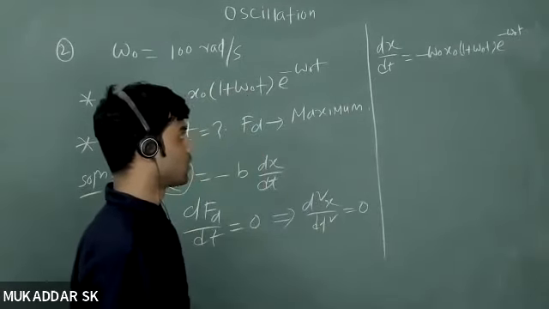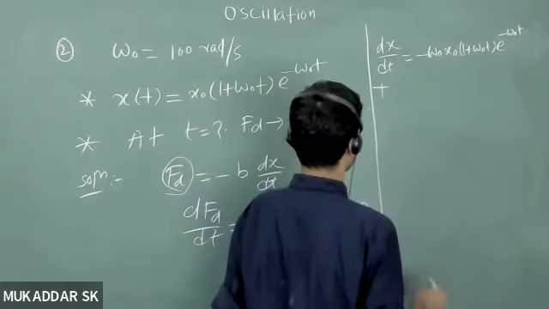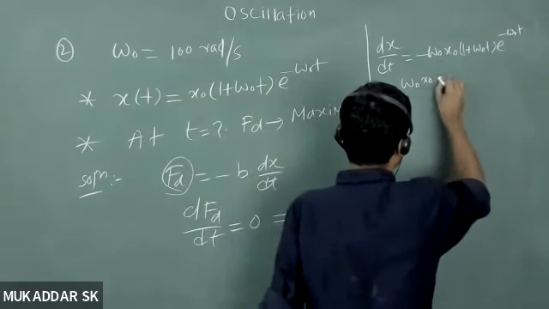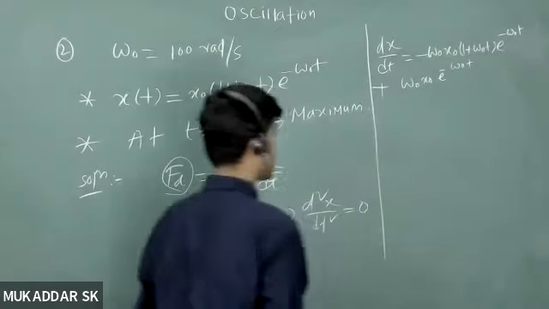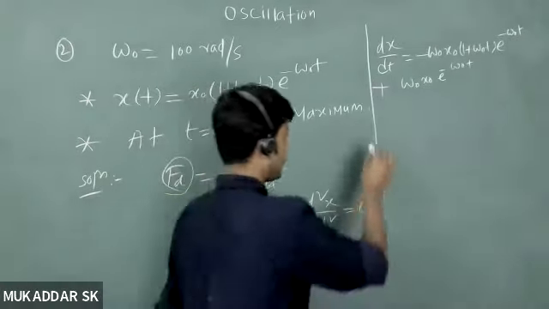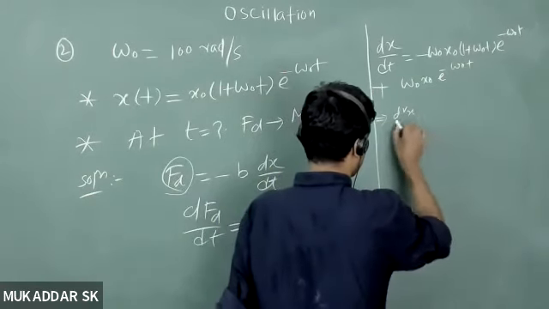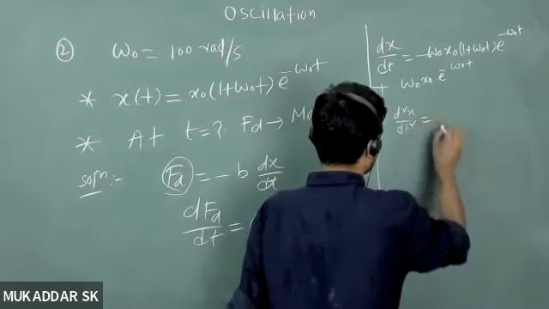Yes, sir. Okay. What about second term? So second term you will get omega naught x naught exponential minus omega naught t. Okay. Again, if you differentiate with respect to time, so it will become del square x by dt square. Okay.